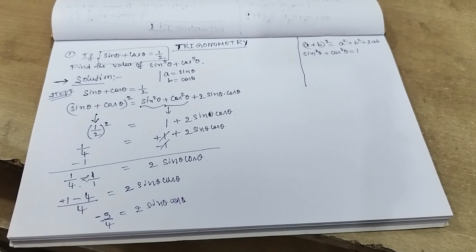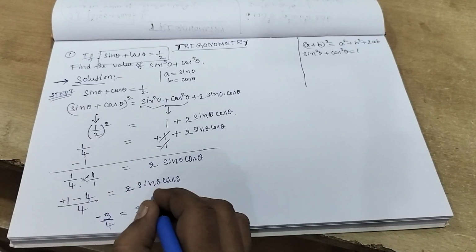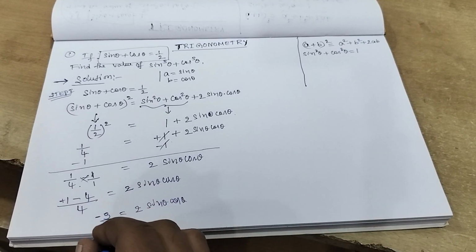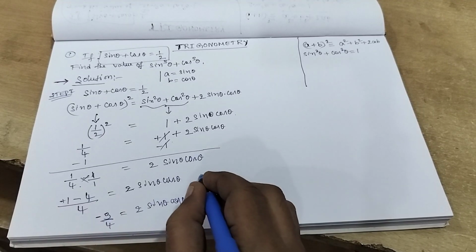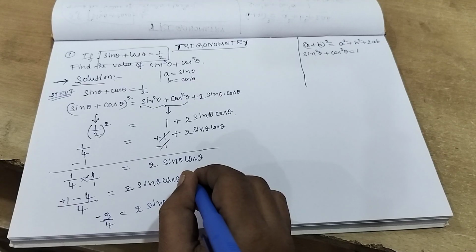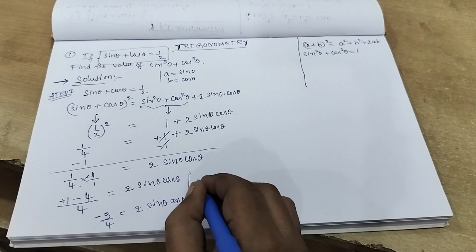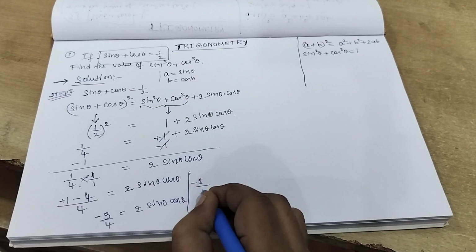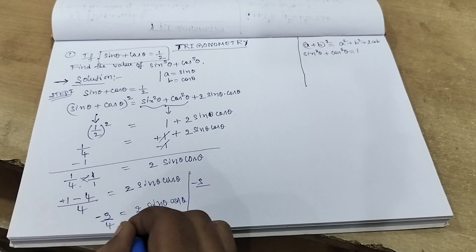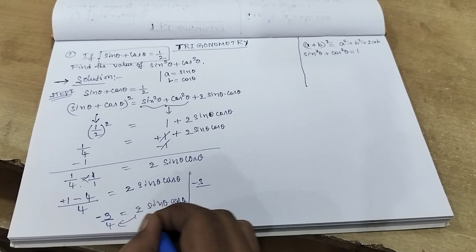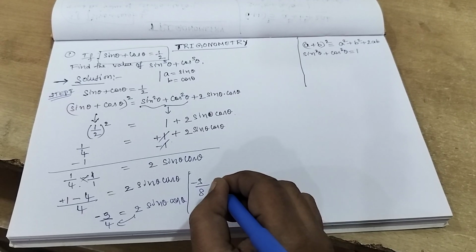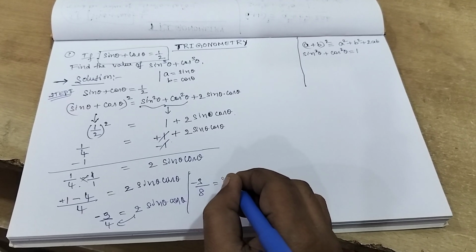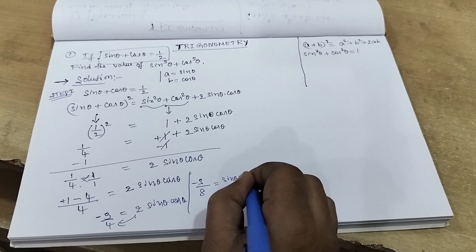So the next step is very well clear. I'm going to take this 2 to the other side of the equation. So it will be like this. I'm going to write it here. So minus 3 by, like 4 times 2, so you have to cross multiply here. 4 times 2 is 8, so minus 3 by 8, which is equal to sine theta and cos theta.